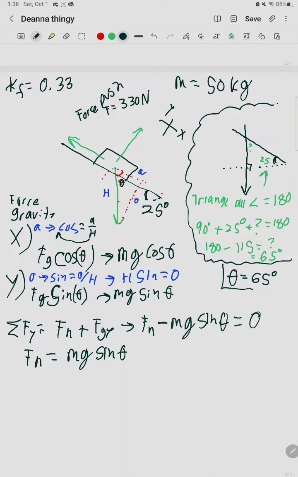And then from there, we could probably start with finding the force friction.